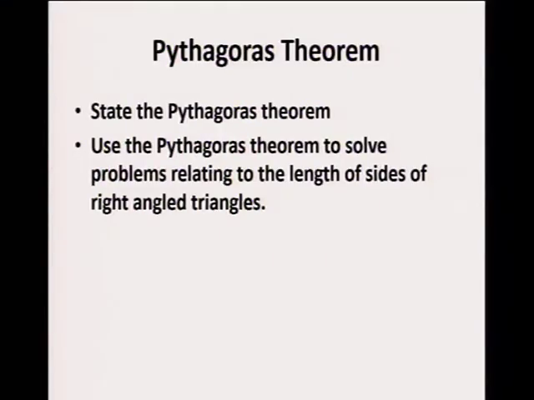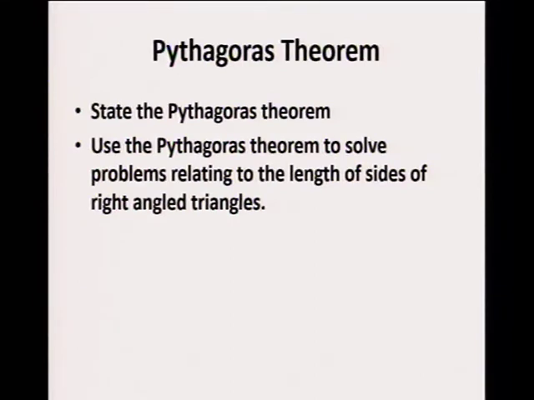Going forward, I want to also highlight something important that is also being reflected in our assignment, and that is the theorem of Pythagoras. The theorem of Pythagoras is applicable to right-angled triangles.